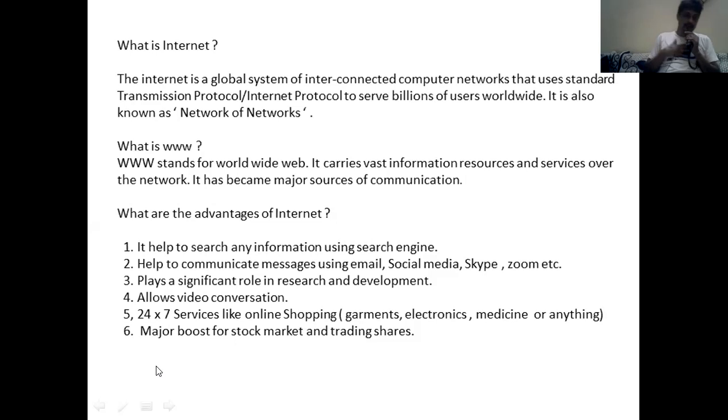Now, the internet plays a significant role in research and development. Suppose different companies are making different COVID vaccines, and they have collected lots of information about COVID and COVID diseases.